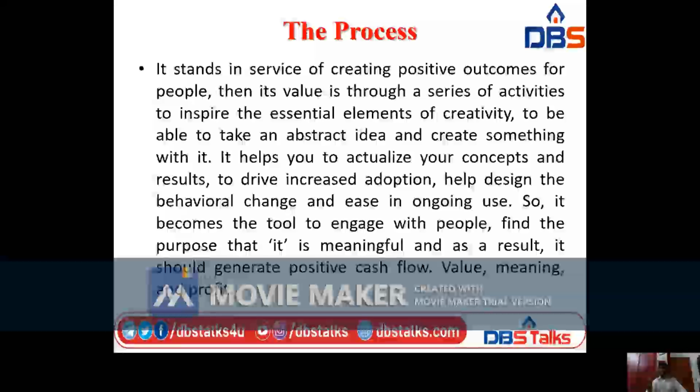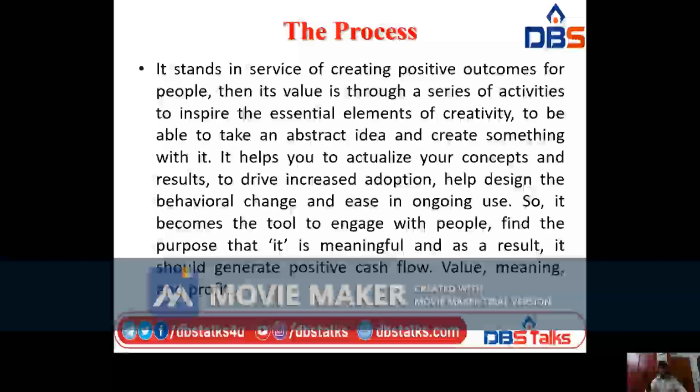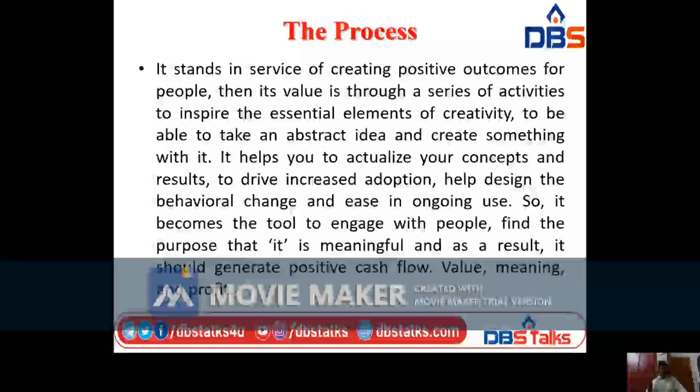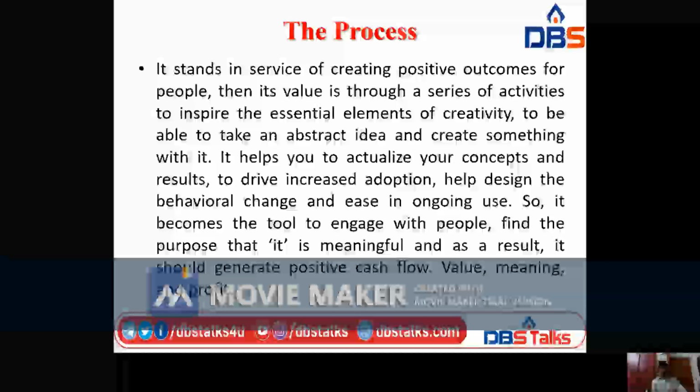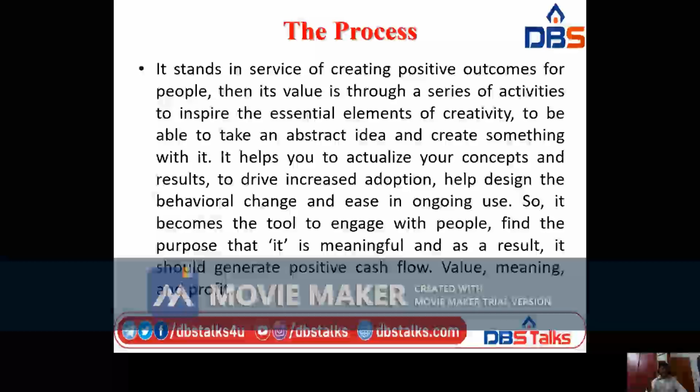We are adopting different types of new things or new ideas, and designing the behavioral change and ease in ongoing use. For future or ongoing users, you can perform some easy things. So it becomes a tool to engage with people.